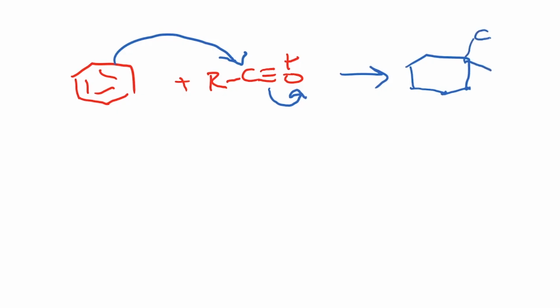C double bond O R, and then this hydrogen is going to remain the way it is, and the other double bonds that are shown here will continue, and there's going to be a positive charge.